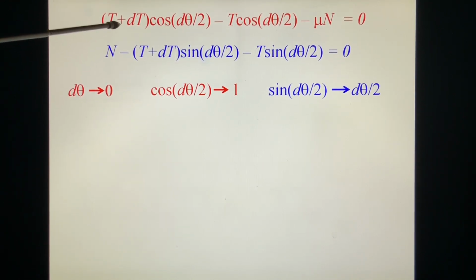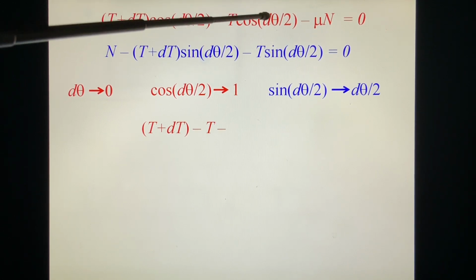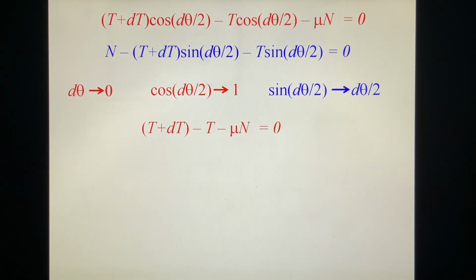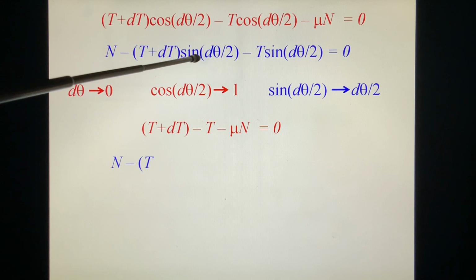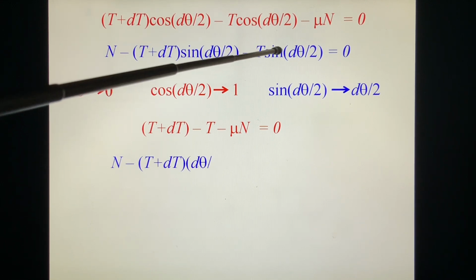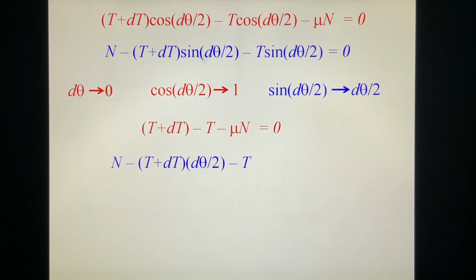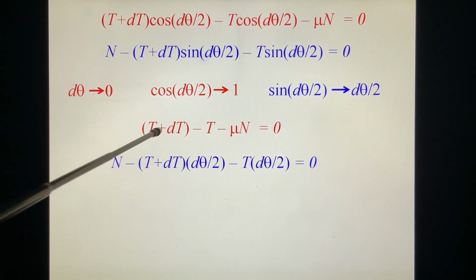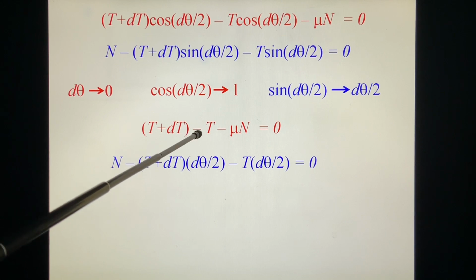The red one is (T plus dT) times 1, minus T times 1, minus mu N equal to 0. The blue one is N minus (T plus dT) half d theta minus T half d theta equal to 0. Now we look at these two. In the red one, T and minus T cancel out.